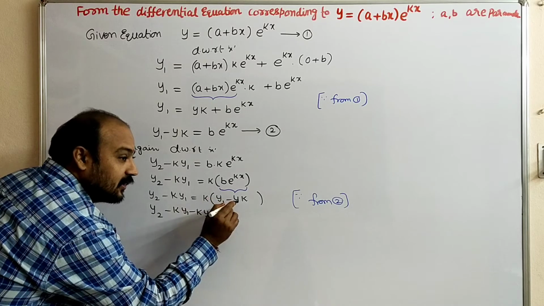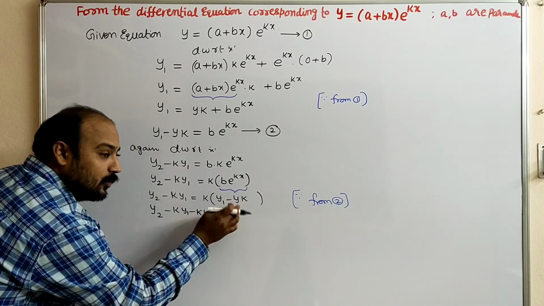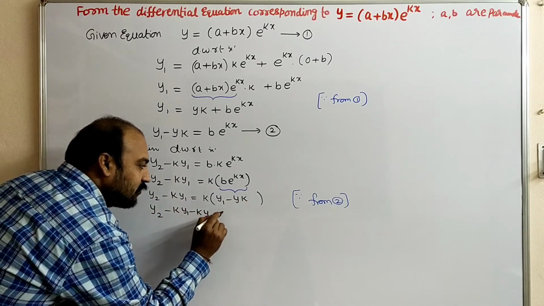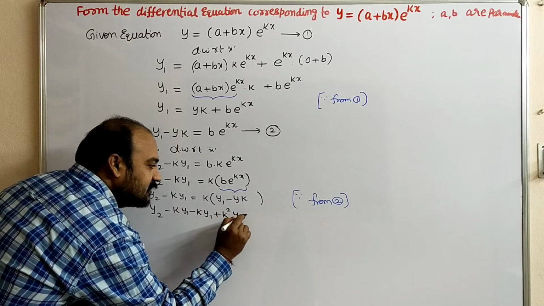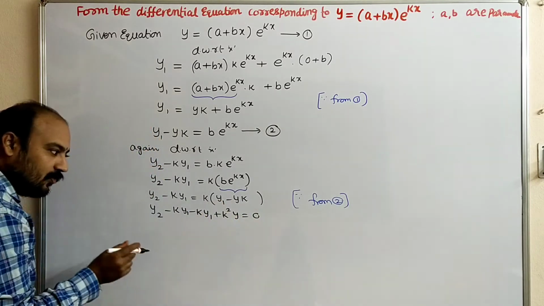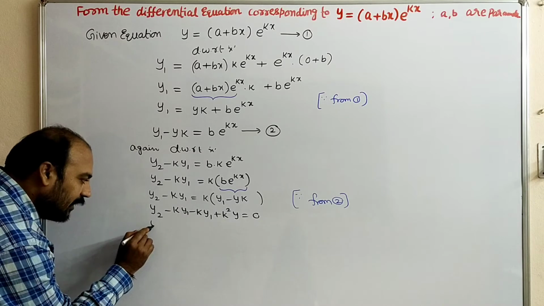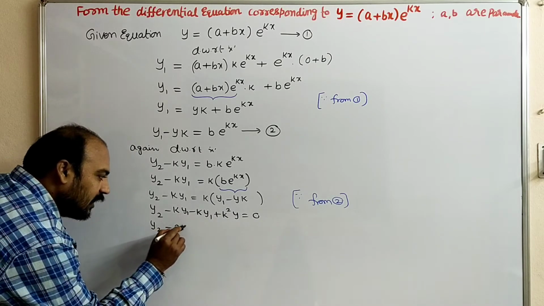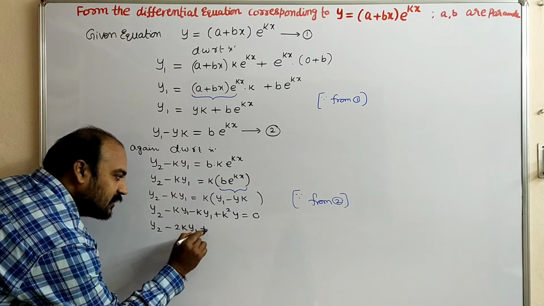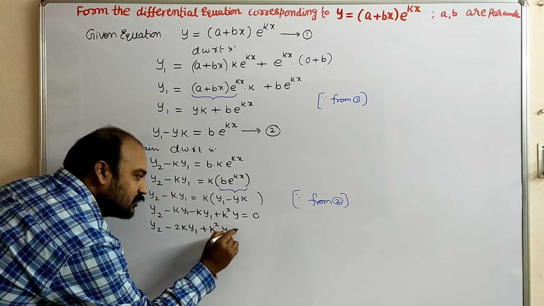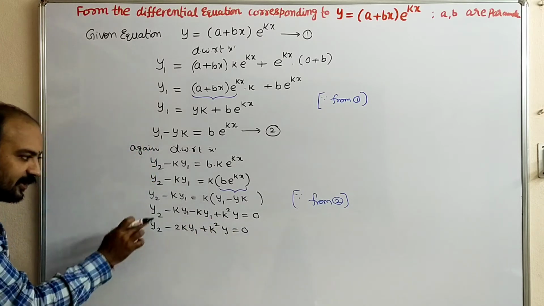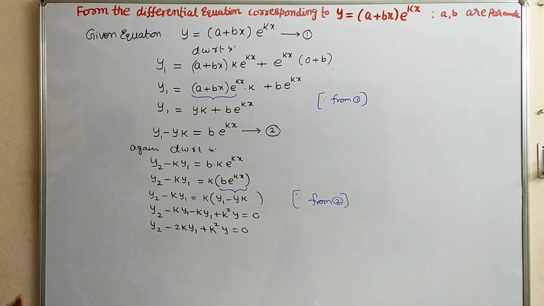K minus k, that means ky. K square into y, minus we can take this as plus. So k square into y is equal to 0. Now y2 minus 2k y1 plus k square y is equal to 0. Wherever y2 and y1 are there, we have to replace them with d square y by dx square and dy by dx.